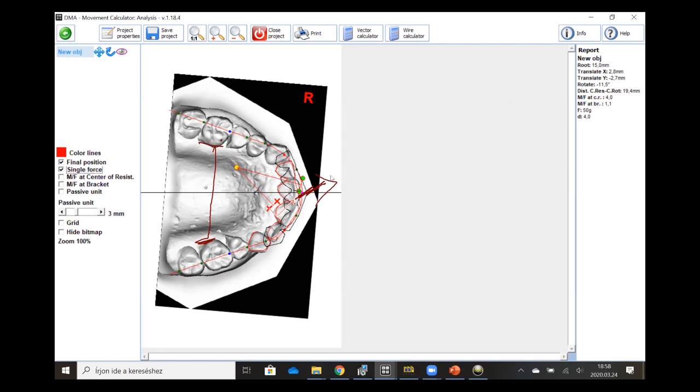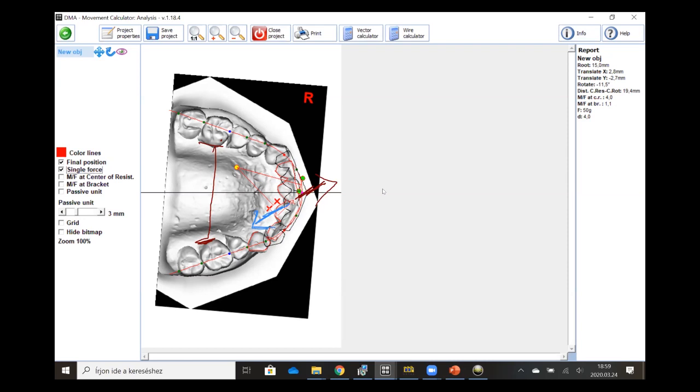What are you expecting to happen to the posterior teeth? This force goes in that direction, and the moment, because of the distance. So the force that is applied to the posterior is this one here. You have some distalization of the left side, George.